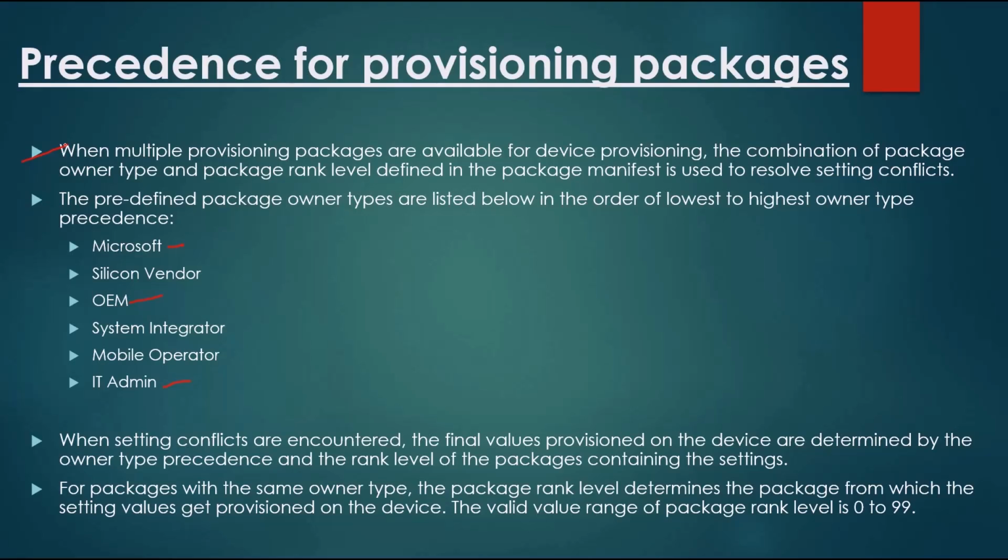For example, let's say a package was applied to the device by Microsoft, and a similar setting of that package was applied by the OEM as well. And now, as an end user or an IT admin, we are trying to make relevant changes again by creating a new package which references the same setting. So in that case, this is the hierarchy order.